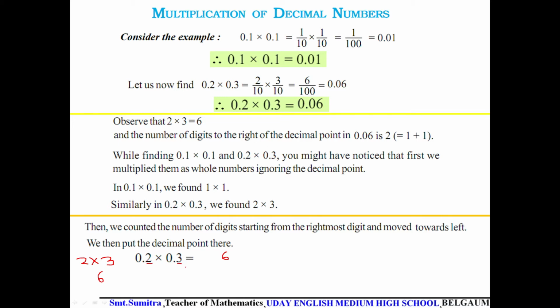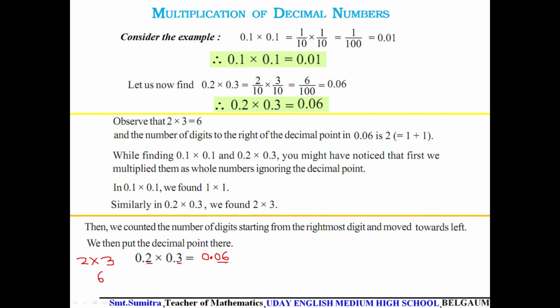Total 2 digits are there after the decimal point. So in the answer also, after the decimal point, there must be 2 digits. Therefore, we put a 0. So the answer is 0.06, 2 digits after the decimal point.